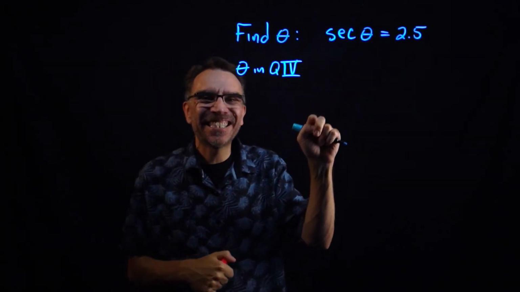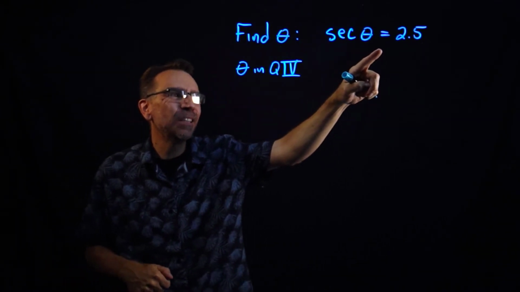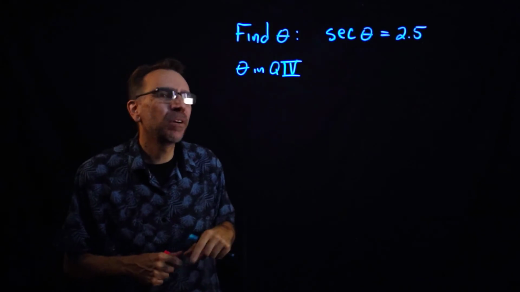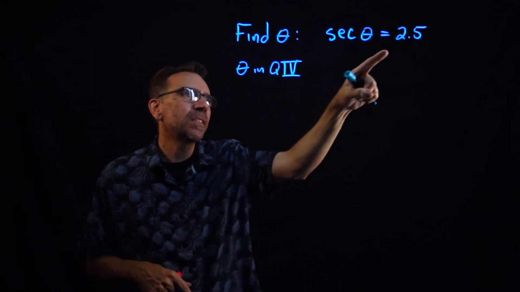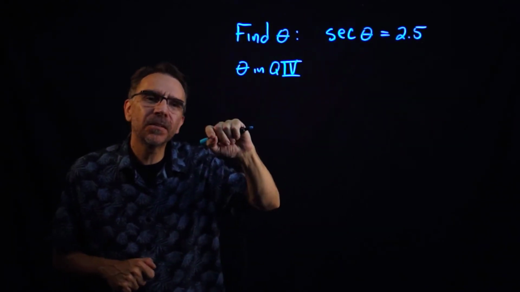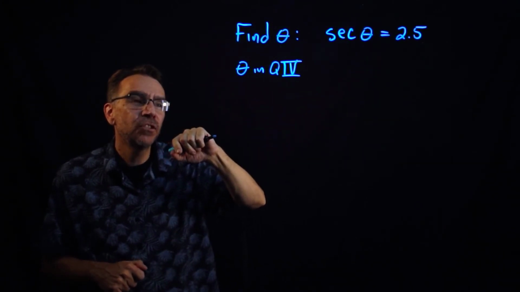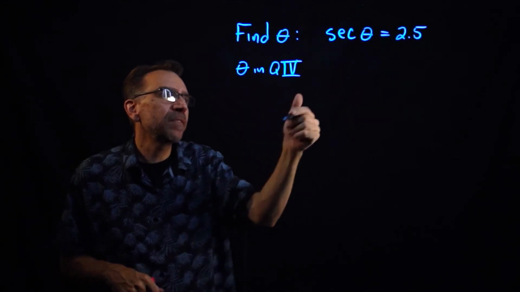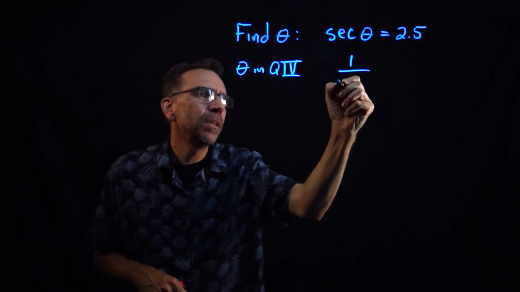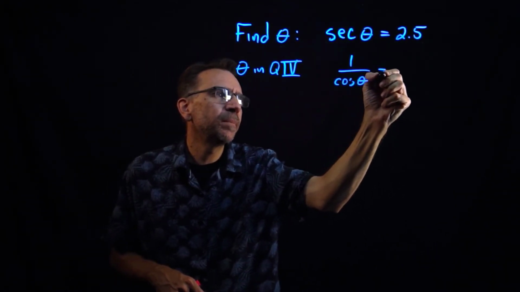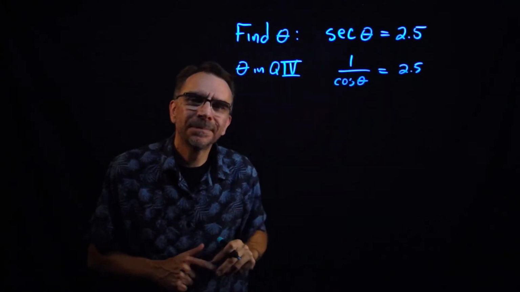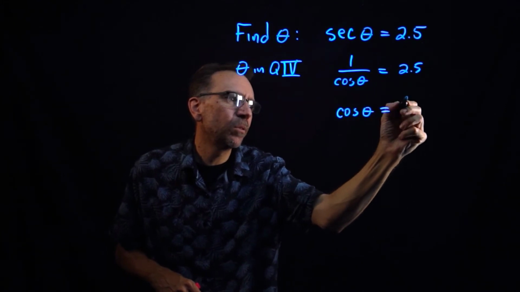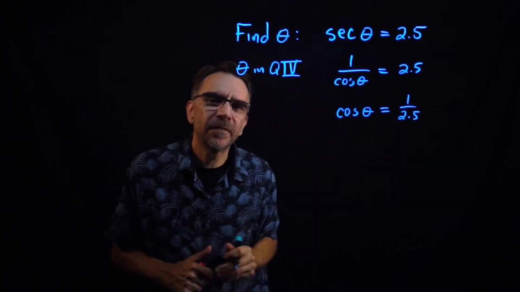All right, for this last example, we have secant theta equals 2.5. Now, we're going to work through the reference angle theorem. It's positive, but we're still going to work with the reference angle theorem because we need to find the answer in the theta that's terminating in Q4. Okay, so we have secant here. Secant we know is 1 over cosine theta. And if we reciprocate both sides, we'll have cosine theta equals 1 over 2.5.